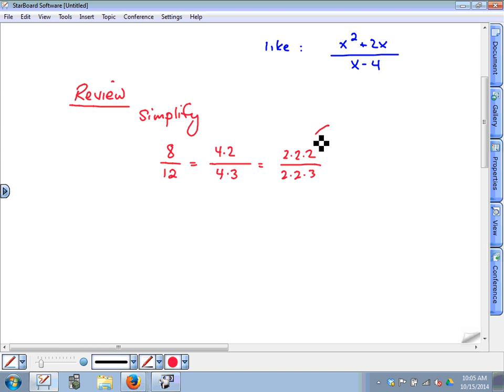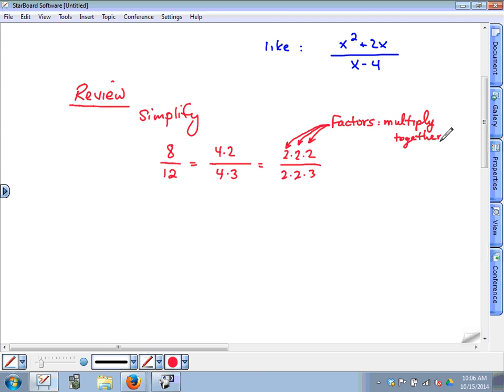I want you to draw arrows to these. I know you know this, but I want you to write it anyway. Those are called factors. Factors multiply together. If you're adding a bunch of things up, those aren't called factors. If you're multiplying a bunch of things together, those are called factors.